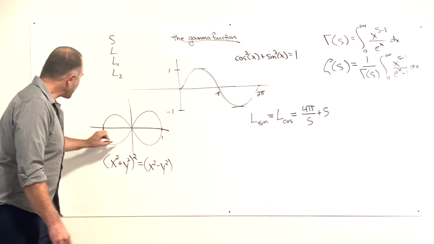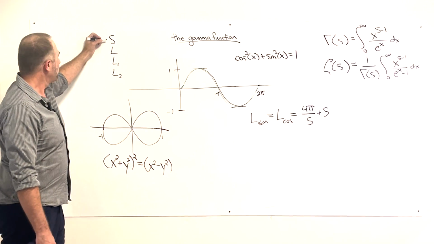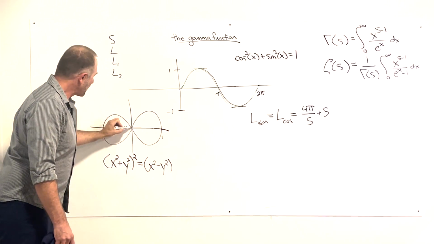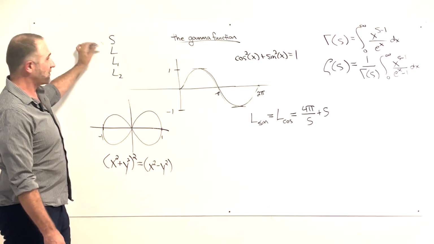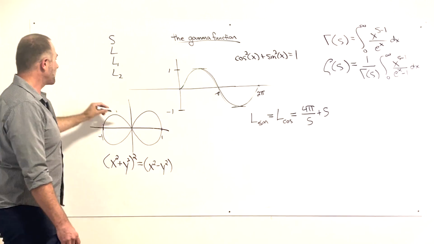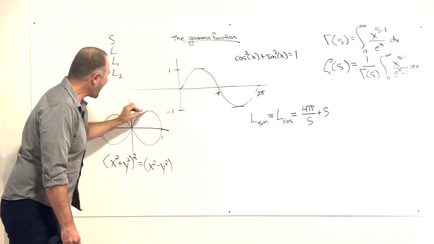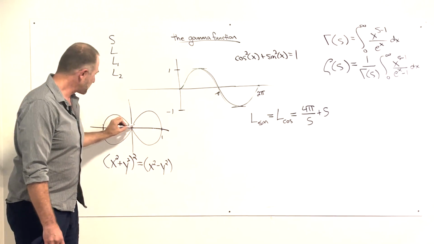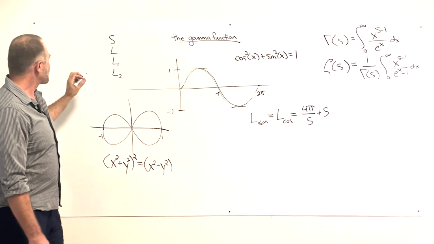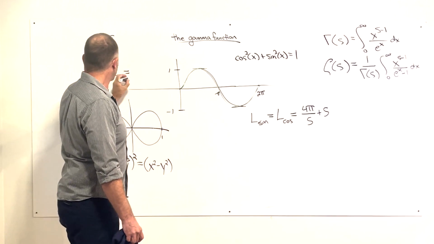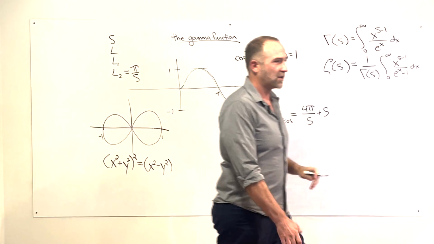The arc length of that curve is S. L is one petal, the length of one petal of the curve, so it's S divided by 2. L1 is the length of 1/4 of the whole thing, or 1/2 of one petal. Right? So just from here to there. That's L1. And L2, I think, is pi over S. And make sure.